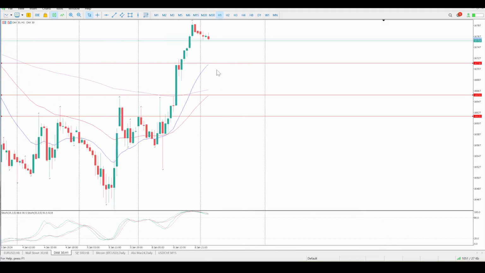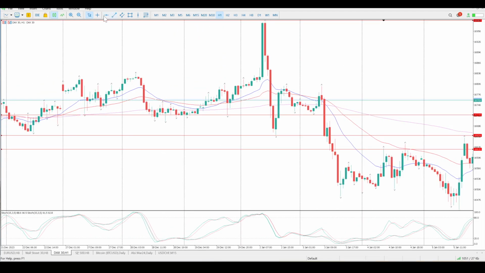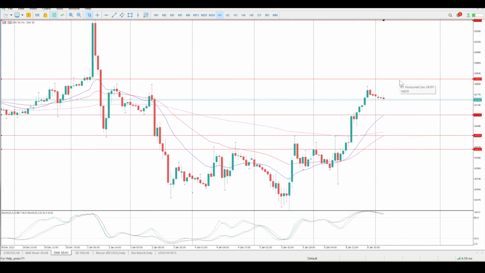Now if I just pop back to the hour, it's not going to be a smooth ride because we have a fairly strong, I'm going to be a little bit conservative onto this pin bar here. We've got a fairly strong bit of resistance just ahead of us at 16,820.